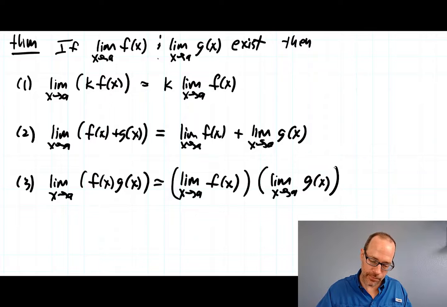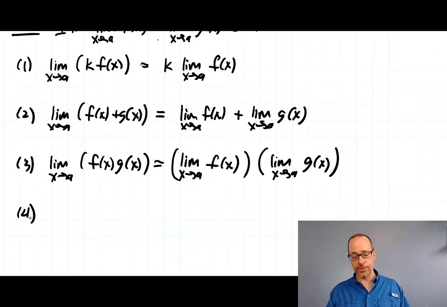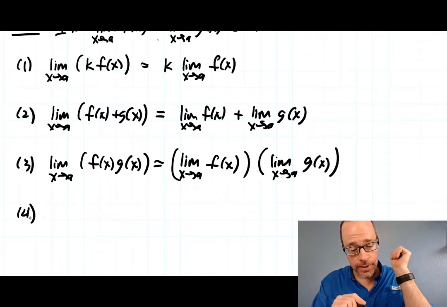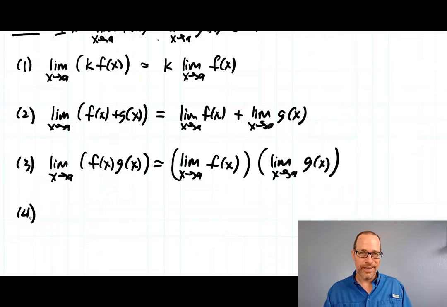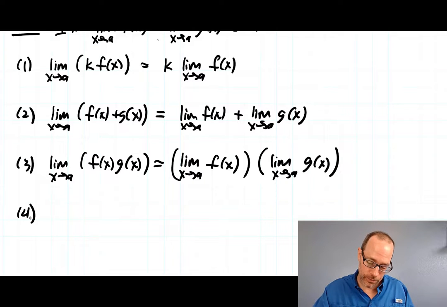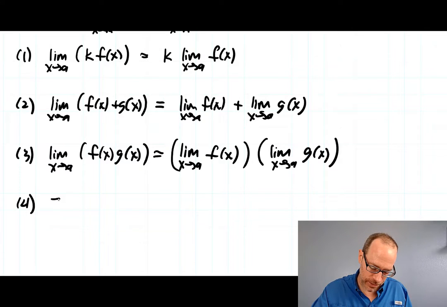Okay? And the last one is the same thing except for quotients. Limit of a quotient is the quotient of the limits. But this one has an important extra requirement, and that is the denominator can't be 0. Otherwise, obviously, it just would be wrong. So watch for that one. That's about the only one you can screw up, if you forget to check to make sure the denominator is not 0.